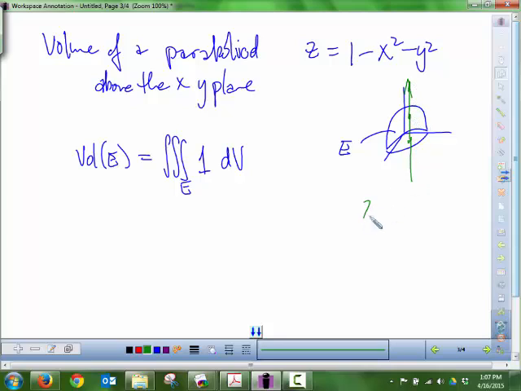So if you draw a line parallel to the z-axis, you would enter the region when z is equal to 0, and then exit when z is equal to this paraboloid.